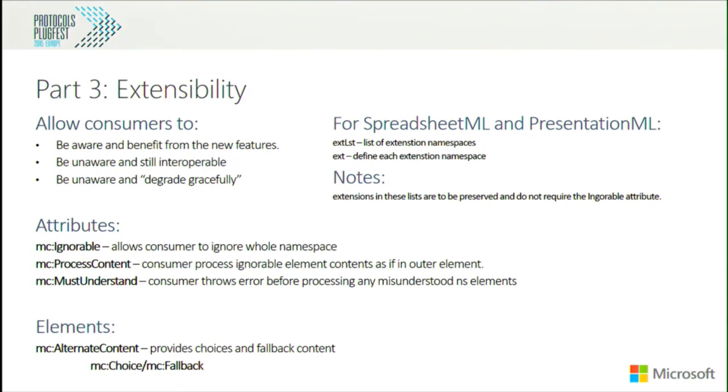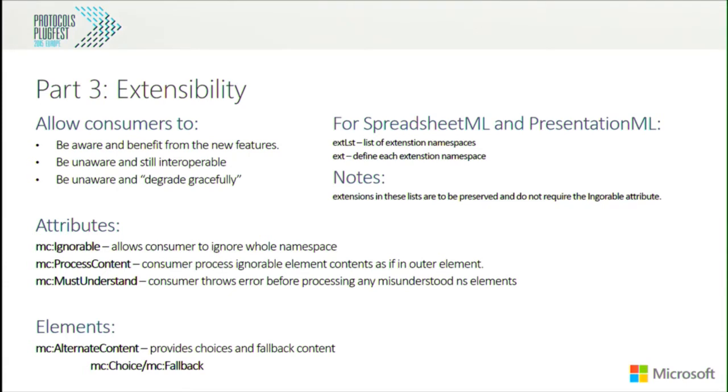Process content says that the elements in this namespace that I've extended can be treated as if they are outside of a section that is not understood. So say you have a section where the namespace of the elements is not understood, but there's a namespace used within that.